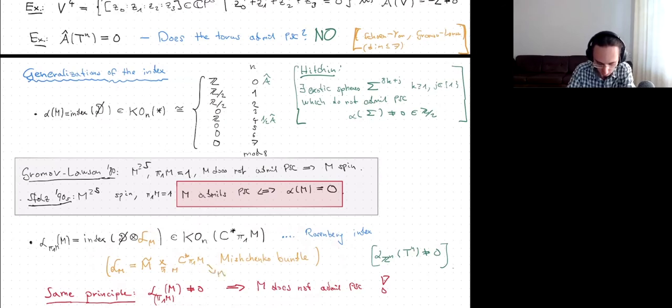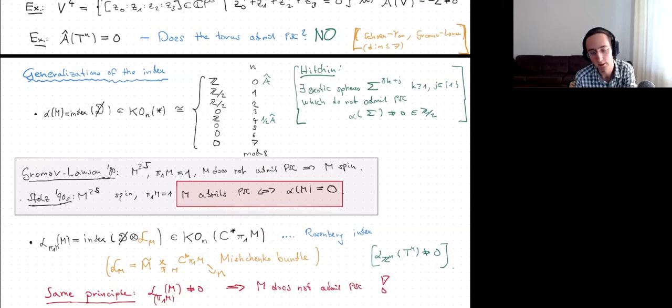And the index theory allows you to construct an index of this operator twisted with this infinite dimensional bundle. And this now lives in the real K-theory of the group C-star algebra of the fundamental group.